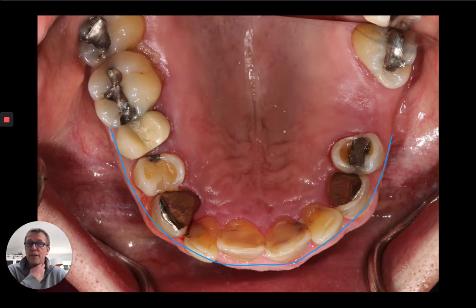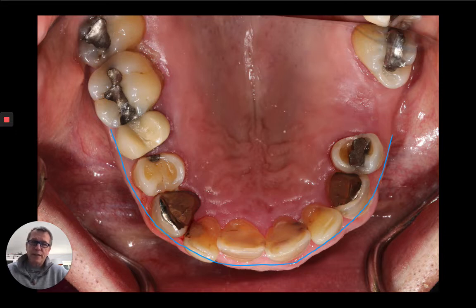We can also see, and we'll look at this in the next slide, as I'm looking at this, I'm thinking, do I have a path of insertion? Because I like to be really minimally invasive, and I love adhesive dentistry, and it's great to place composite.